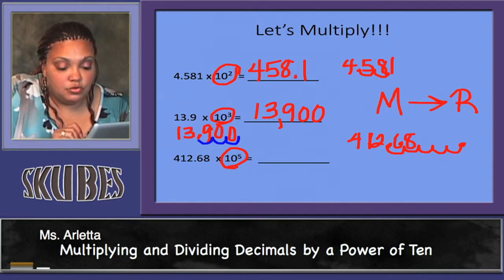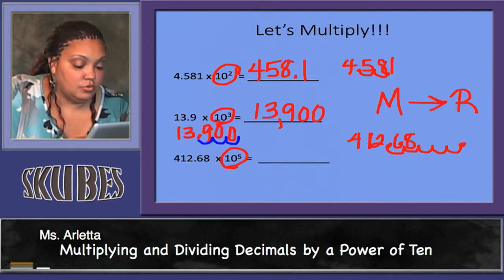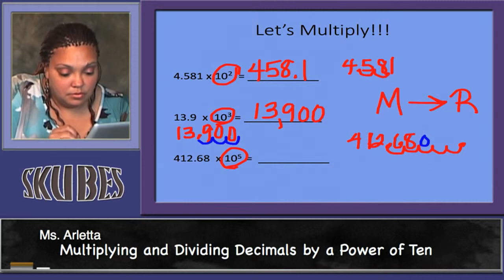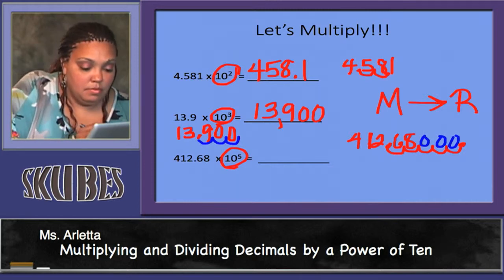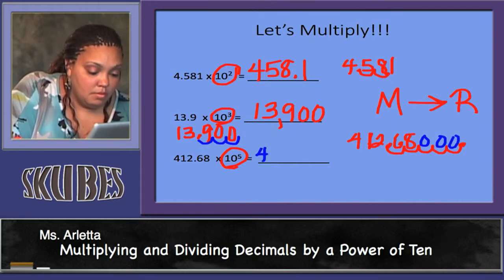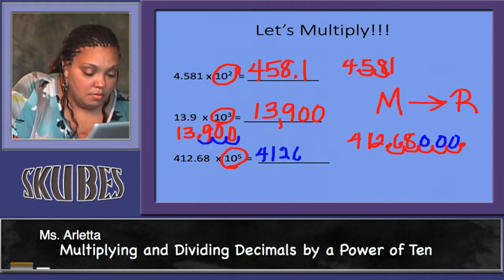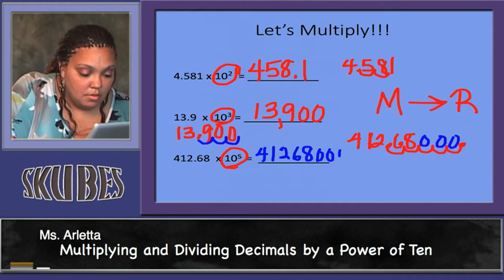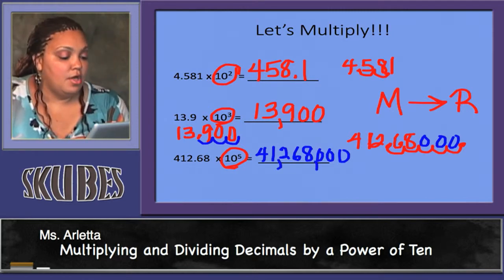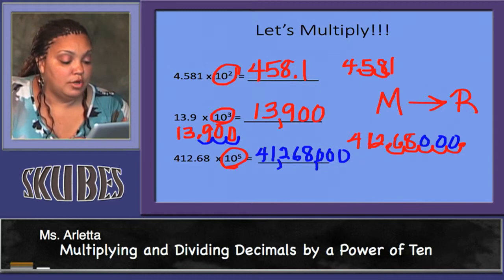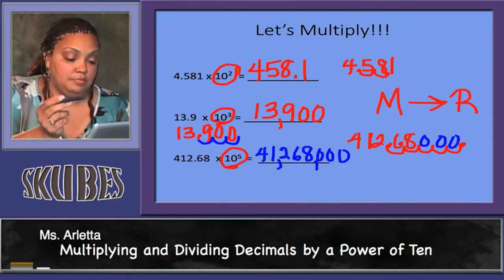Looks like we have 1, 2, 3 decimal placeholders. That would give us an answer of 41,268,000.